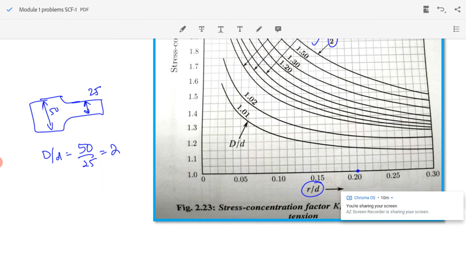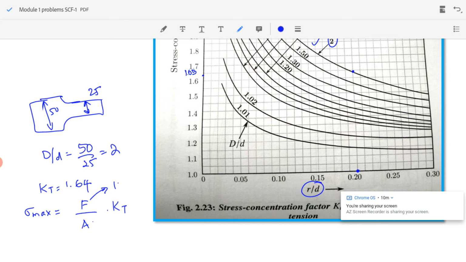We have to plot this line vertically upwards to meet this curve, and projecting it to the y-axis we can see that it is just below 1.65. So I can take that value KT equal to 1.64.